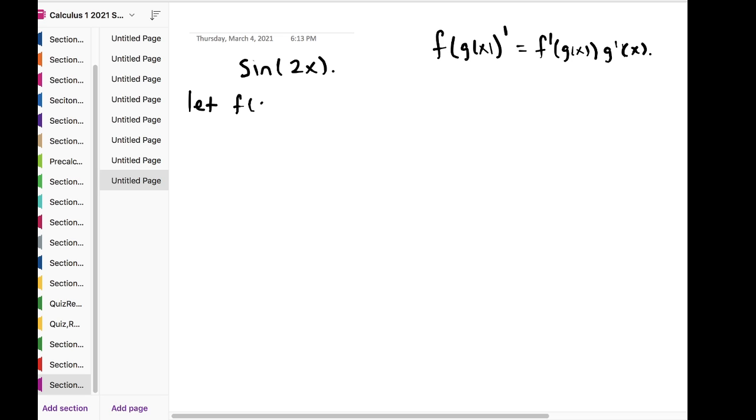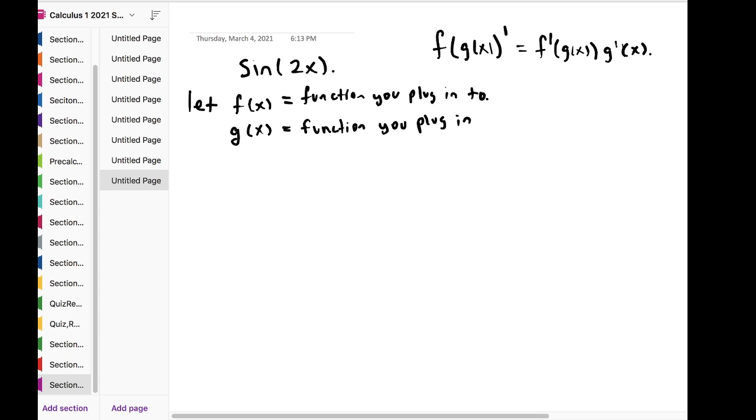What's f of x in this case and what's g of x? Yeah, sine is f. If you want to think about it, f is the function you plug into, and g is the function you plug in.